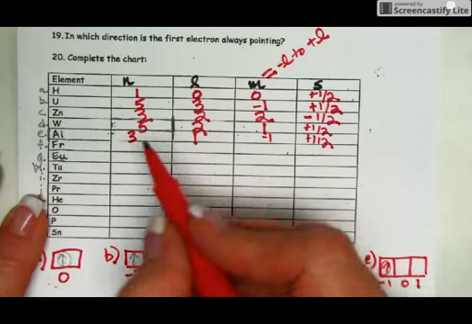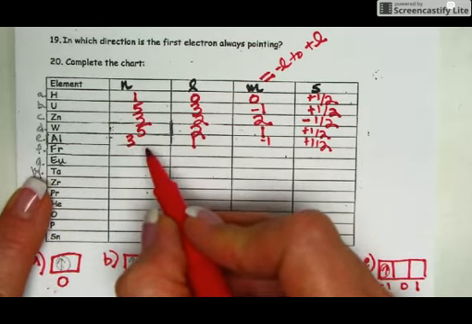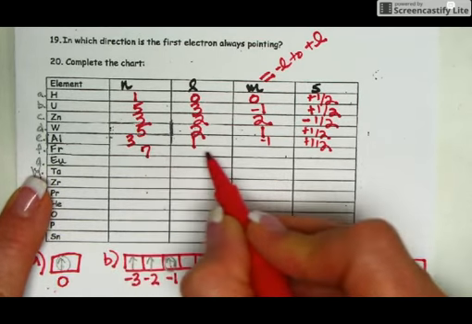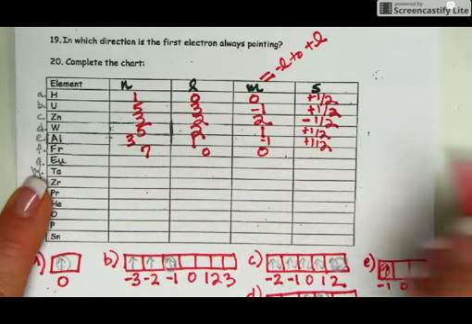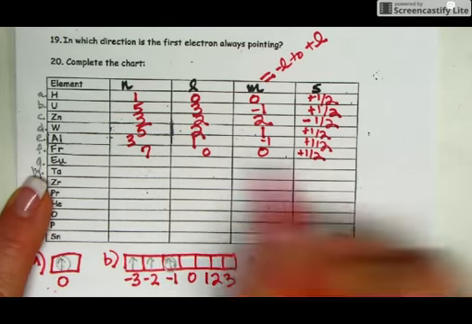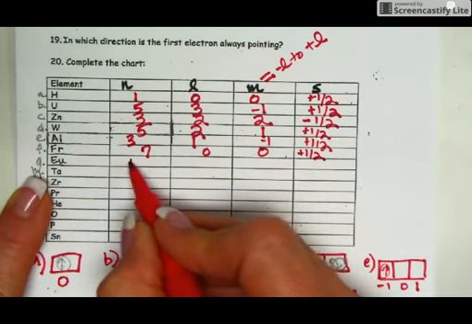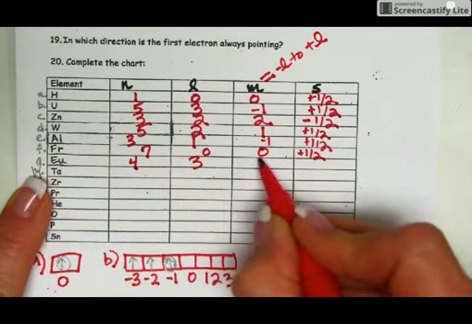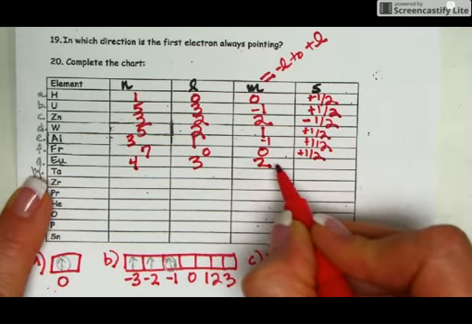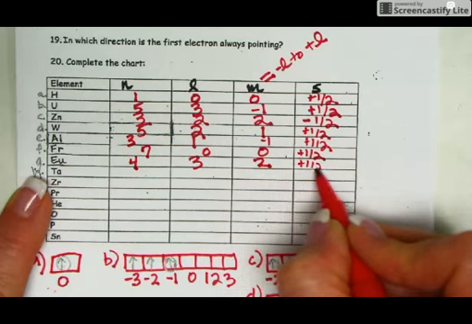All right, francium, you should have gotten for francium 7, 0, 0, positive 1/2. For europium, you should have gotten 4, 3, 2, positive 1/2.